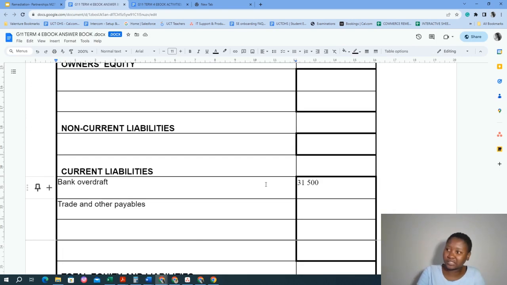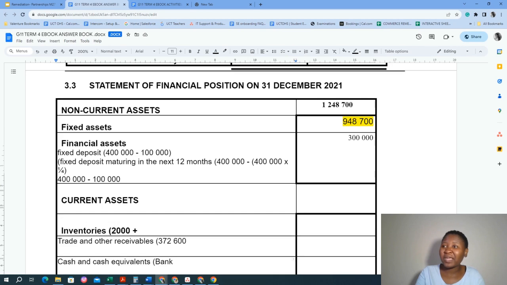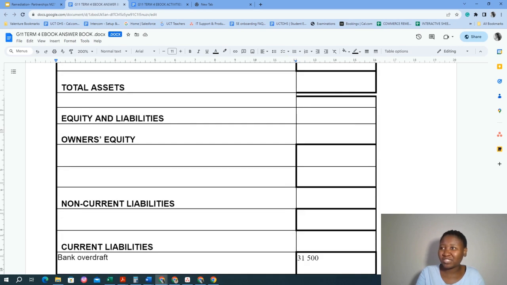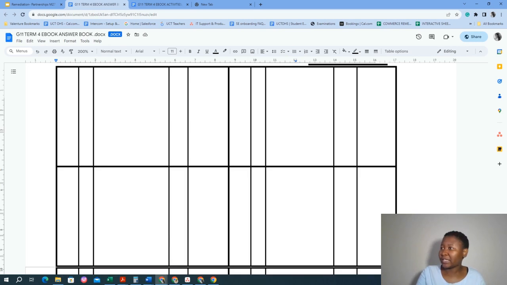So this 31,500, a bank balance that is unfavorable, will be my current liability. When you are doing your cash and cash equivalent, pay attention to the information around the bank. Is it favorable or is it unfavorable? Okay, so we're done with that.